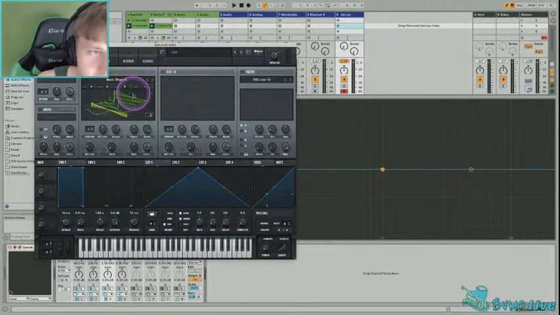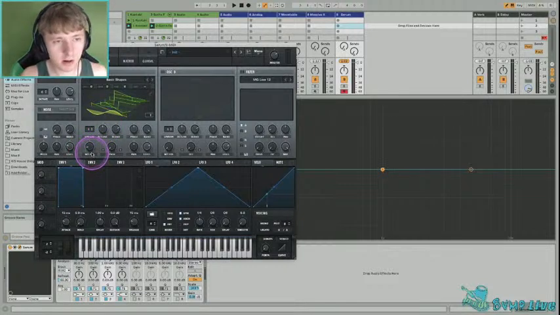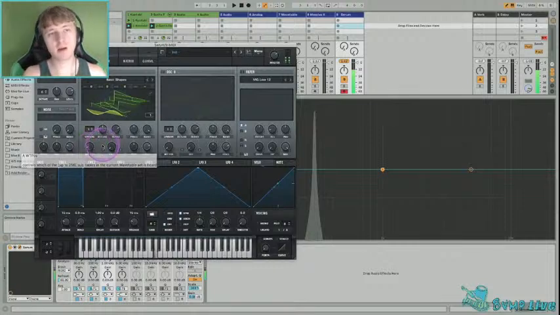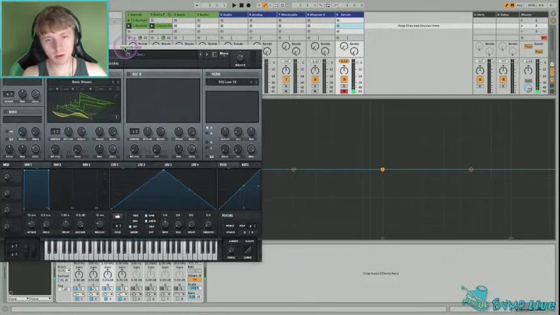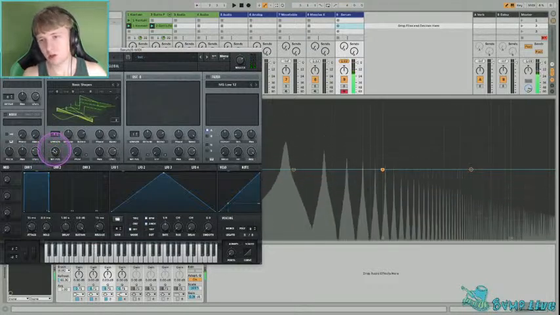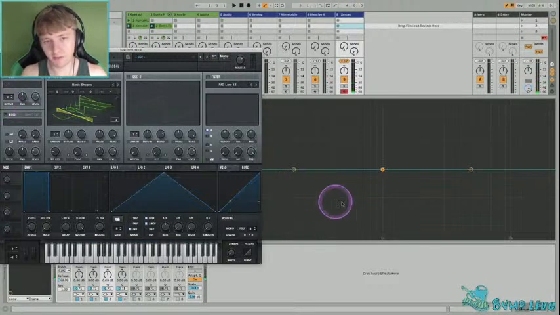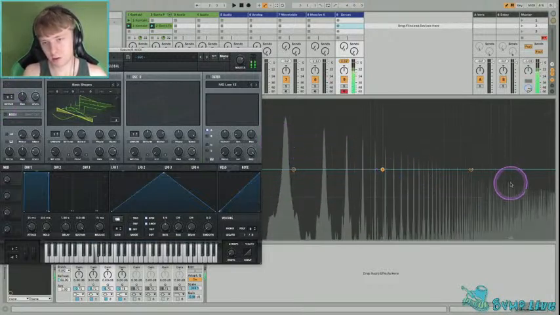Then you can see a nice 3D view of them. So you have your sine. I'll go through each sound here. So we have our sine, and you can look at the frequencies as well. Then we have our sawtooth. You can see many, many frequencies, many, many harmonics above it, right?